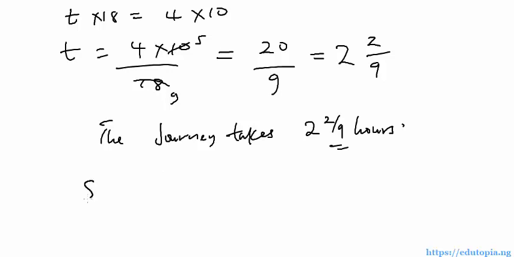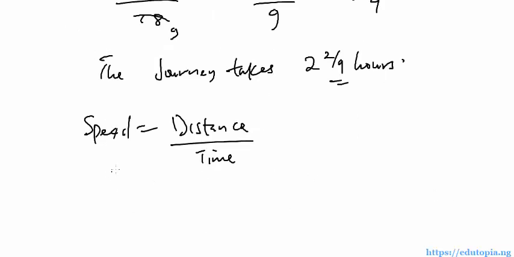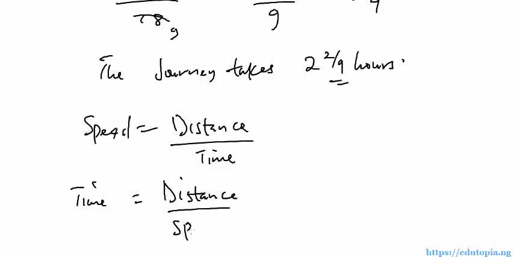We have speed is equal to distance covered over time taken. So if we make time t the subject of the formula, the time taken becomes distance over speed.